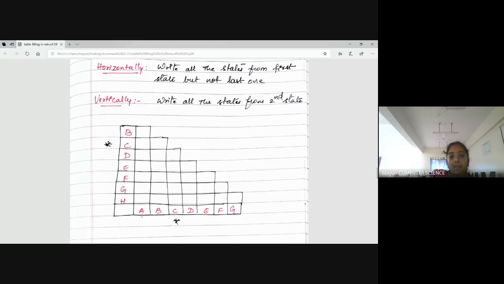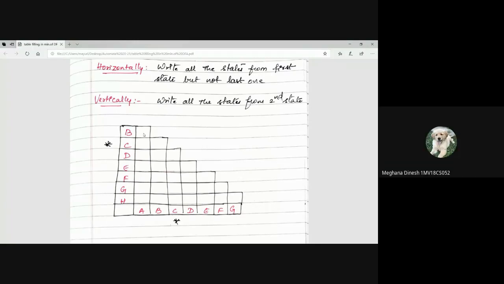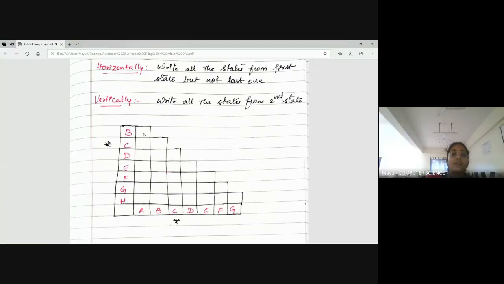Now, if I have a pair called AB, the state A and the state B, is it distinguishable or indistinguishable? According to the definition which I told you yesterday, the pair AB is distinguishable or indistinguishable? Indistinguishable. Yes, very good, because there is no quality which will differentiate them.